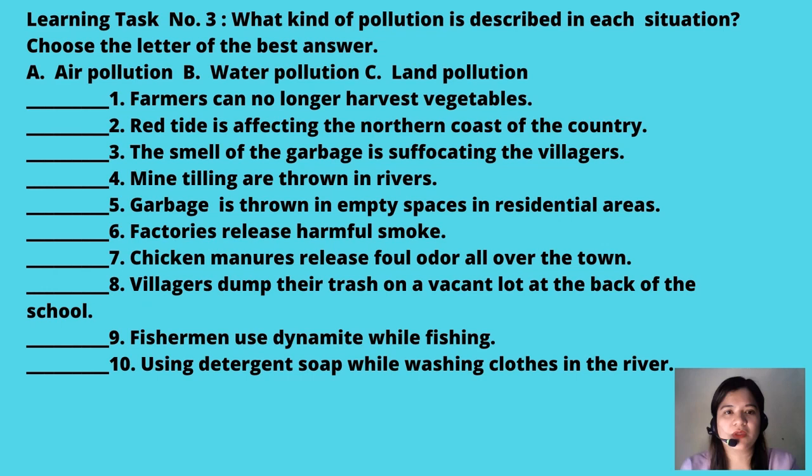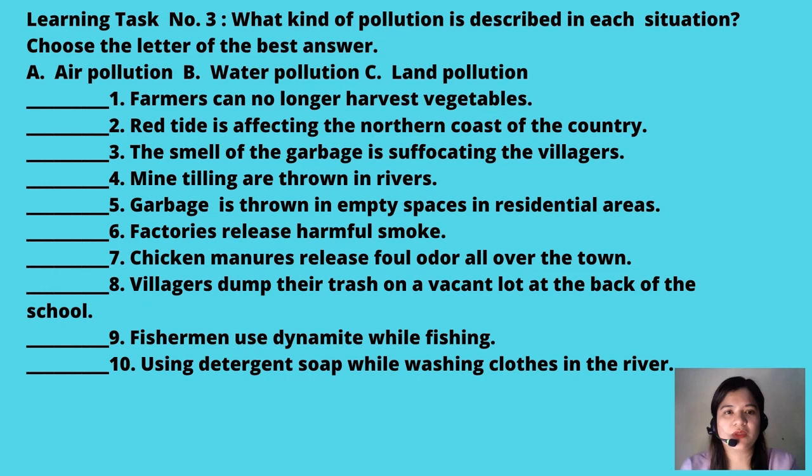Number 4, mine tailings are thrown in rivers. Number 5, garbage is thrown in empty spaces in residential areas. Number 6, factories release harmful smoke. Number 7, chicken manure releases foul odor all over the town. Number 8, villagers dump their trash on a vacant lot at the back of the school.